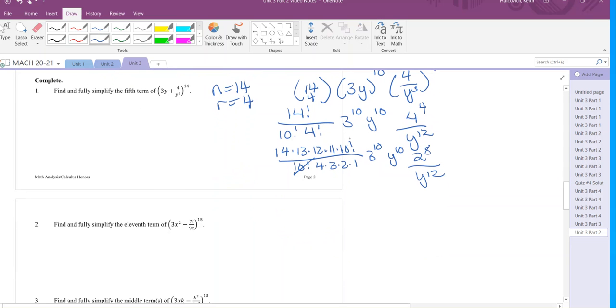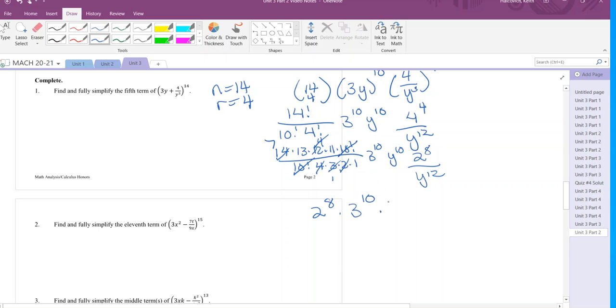So here the 10 factorials cancel. The 2 cancels with the 14 to give you 7. The 3 cancels with the 12 to give you 4, and the 4 cancels with itself. So notice I should have all prime numbers. So I have 2 to the 8th. I have 3 to the 10th.